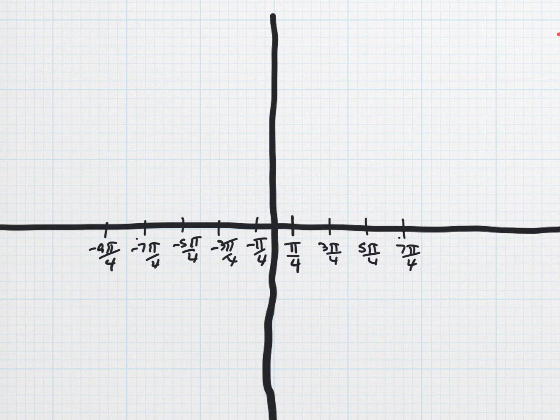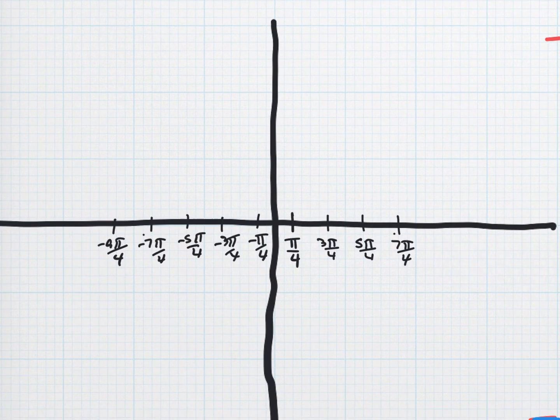So the cosine graph, and also let me add in my amplitude because this one had an amplitude of 2. So what we can do is say that maybe 1 is here and 2 is here. Normally the cosine graph is going to start at 1, but in this case, because it's got an amplitude, it's starting at 2.